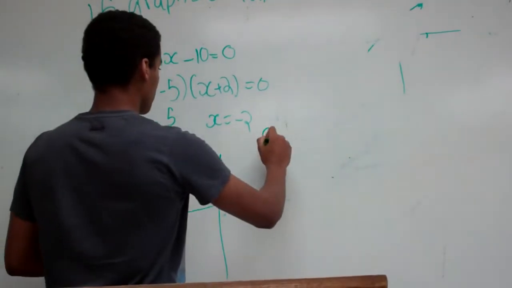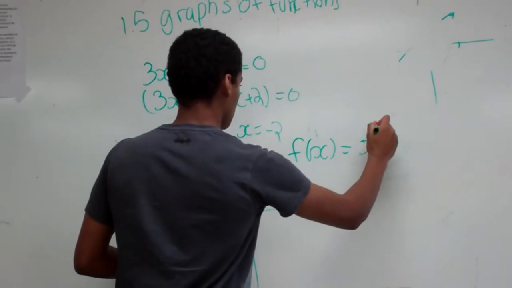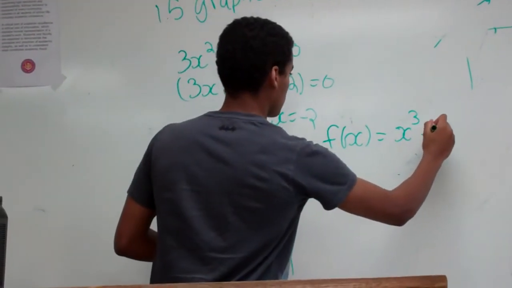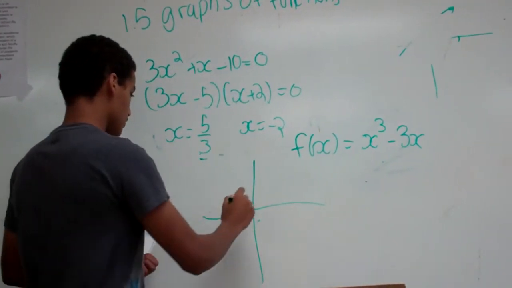And the next important thing graphically is to see when the function is increasing and decreasing. So let's say we're given f of x equals x cubed minus 3x. The function is going to look something like this.